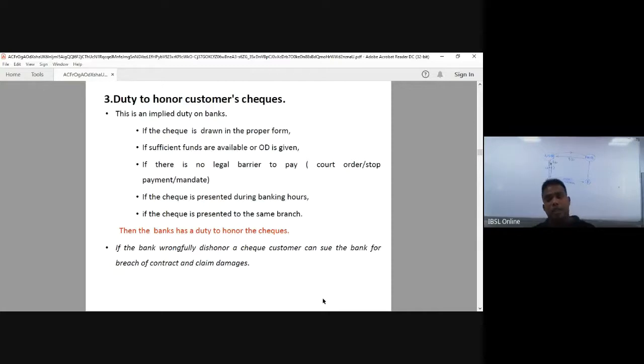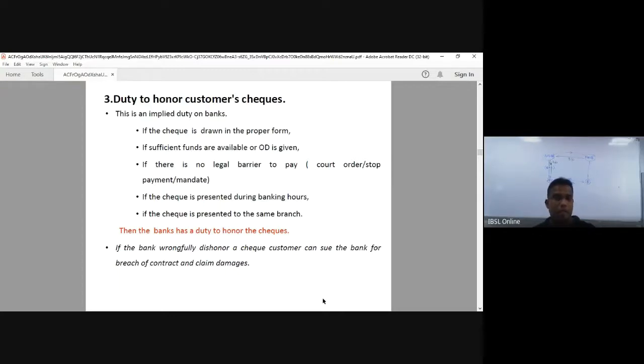Then we go to the fourth condition: the check is presented during the banking hours. Suppose the check has been presented after the banking hours. As bankers in your branch, the bank has published the banking hours.